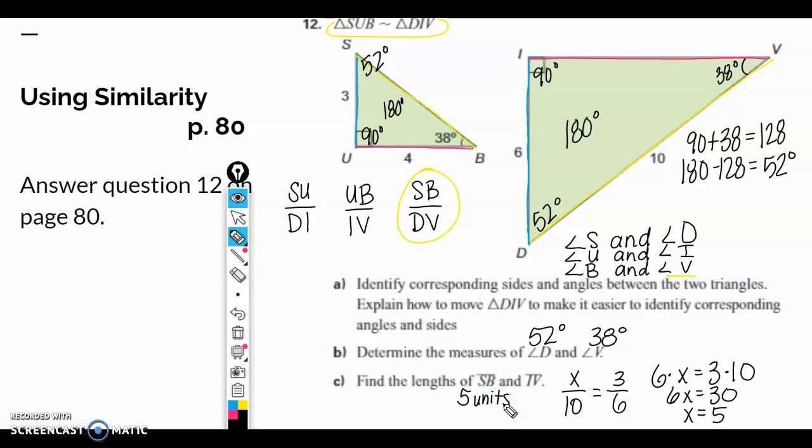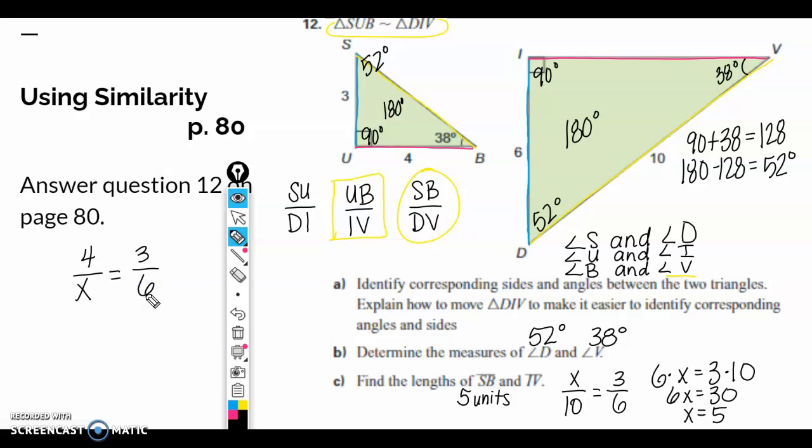Now let's look at IB. Here we're going to write a ratio of UB, which is 4, over IB, which is what we're missing. We set that equal to the ratio where we have the side lengths SU, 3, over DI, which is 6.